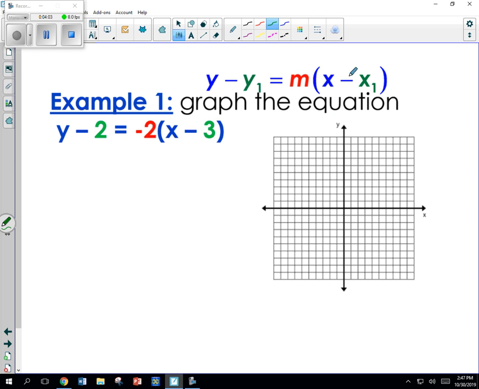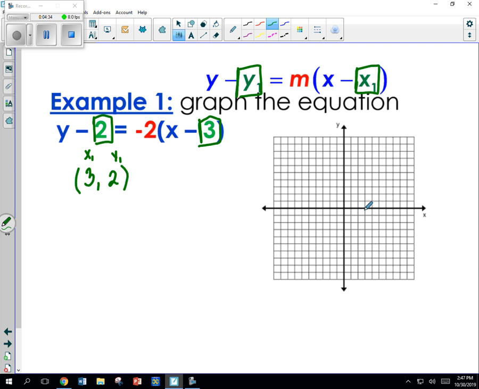So I'm going to go over here to the graph, and I'm going to go right 3, up 2, and plot my first point. That's my starting point again. And then from there, just like in slope intercept form, I'm going to move my slope. But that slope's not written as a fraction, so to turn that into a fraction, it's negative 2 over 1, because negative 2 divided by 1 is the whole number negative 2. So from there, I would go down 2, right 1.